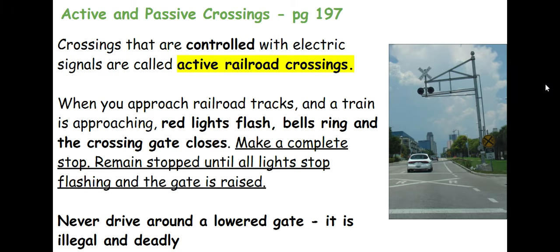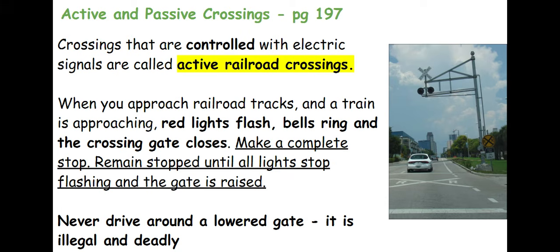So if you're in residential settings, most railroad crossings are called controlled or active. They're actively telling you that a train is approaching. The red lights will flash, you will hear the bells ring, and the crossing gate comes down and closes and stops traffic from going across that railroad crossing.